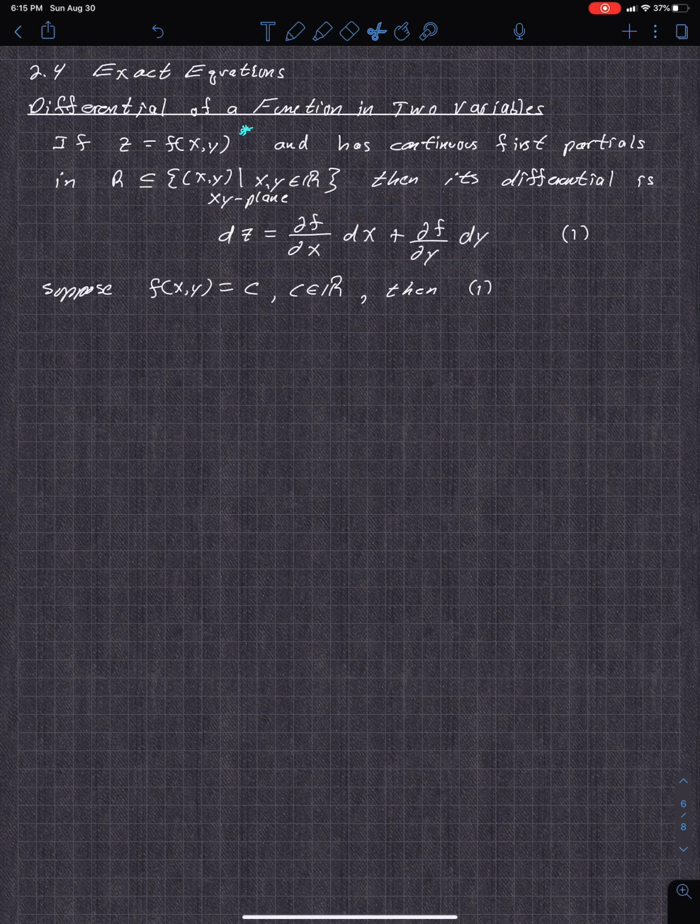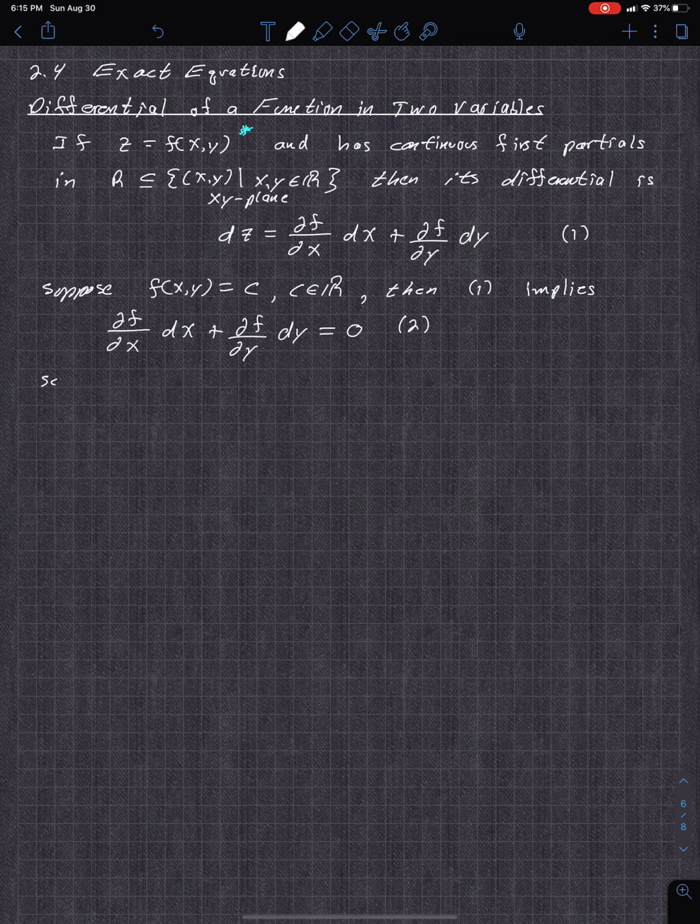I'll just copy it and paste it. Equals 0. I forgot to say implies. That equation is equal to 0.